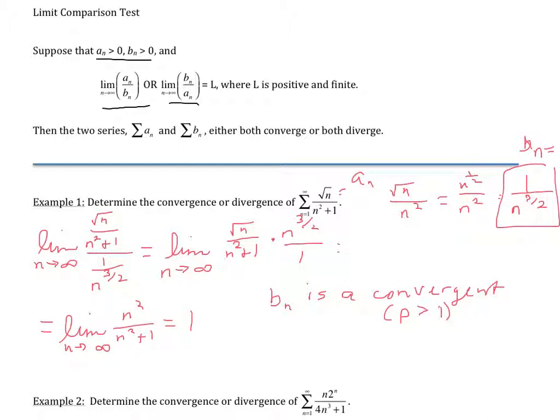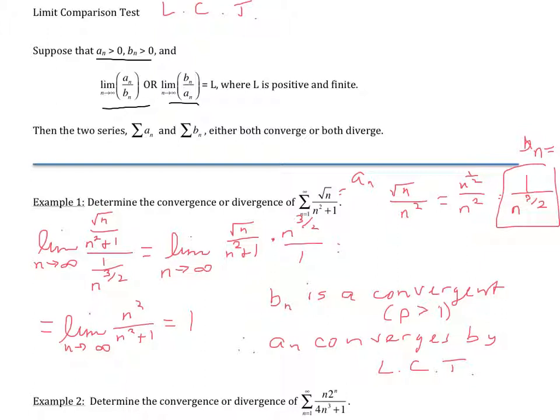There you go. Therefore, a sub n converges by the limit comparison test. And I didn't put it in the notes, but yes, you may call this the LCT.